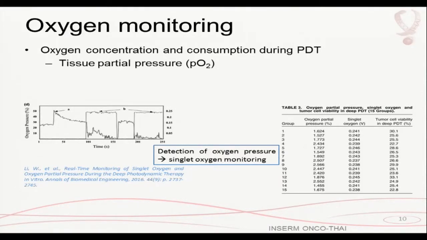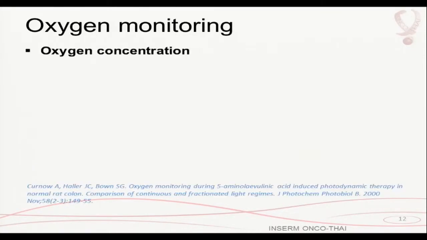Another parameter we can measure is oxygen. And the amount of oxygen plays also a role on the photochemical reaction. I don't want to spend time on this, some of you are really expert in that, but we know that the amount of oxygen plays a major role in the PDT effect.